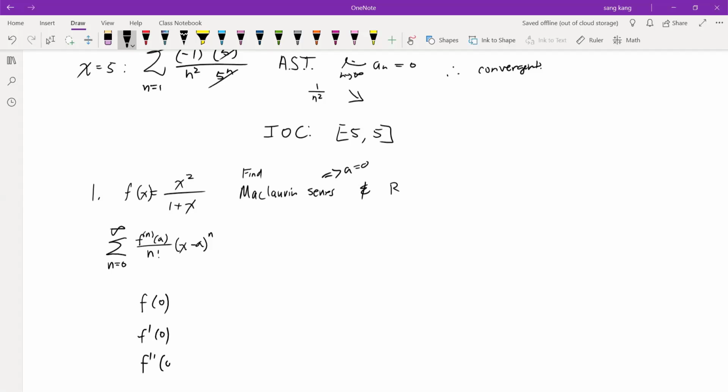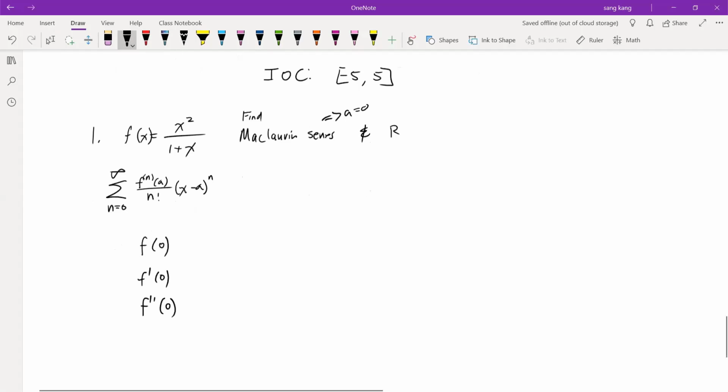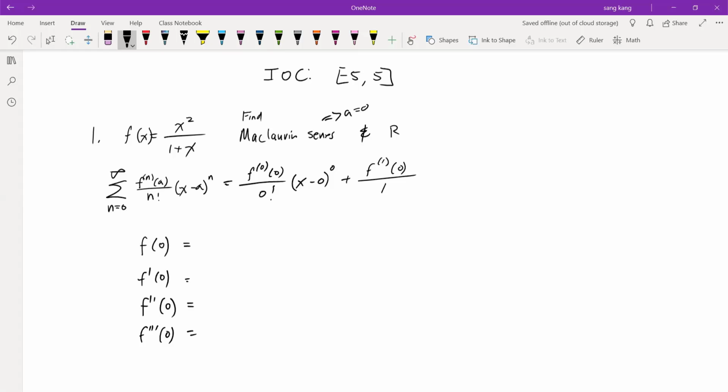And you would do this for a few terms, usually 3 or 4 terms should suffice, right? So you would find this, and then essentially just plug into this formulation here. So you would have this over 0 factorial, x minus 0 to the 0, right? So you would do this until you find a pattern, and then you can express this as a summation here on the left-hand side.